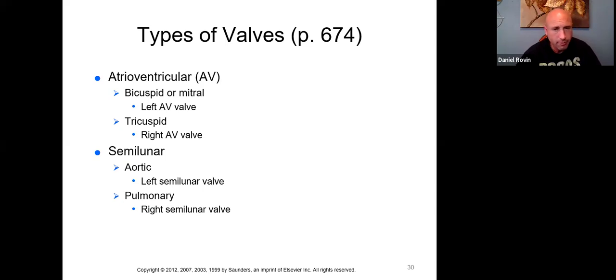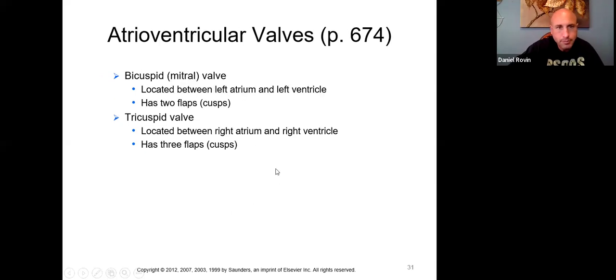But the semilunar valves, they're flimsy, they're loose, they're transparent, they're curved at their base, and that slight little back pressure causes them to shut. They slap shut. So the aortic one prevents aorta blood going back into the left ventricle. The pulmonary one, called the pulmonic or pulmonary valve, prevents blood from the pulmonary trunk going back into the right ventricle. And they're more of a slapping sound when they shut, the dup.